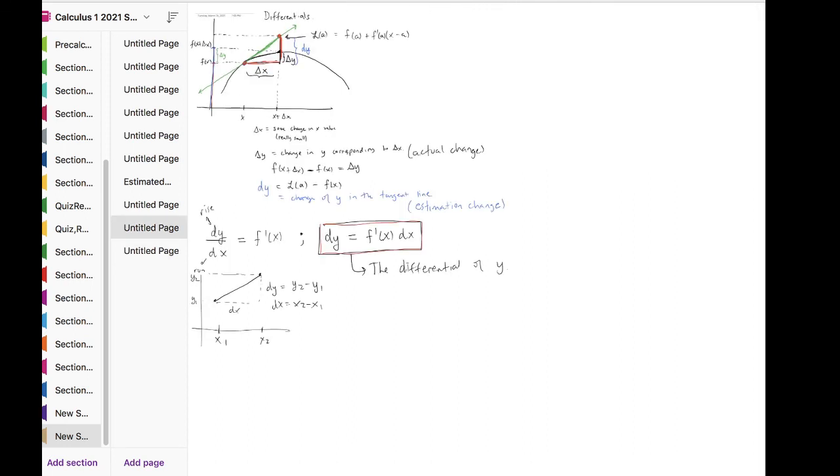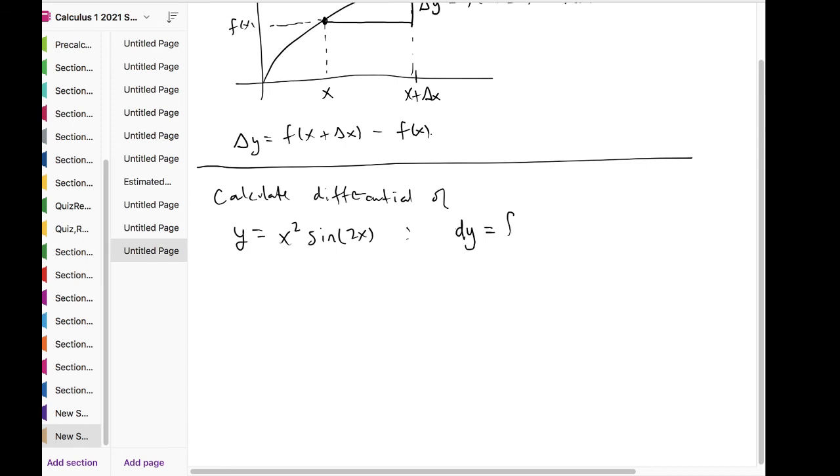So it was f prime of x dx. So what's f prime? How do you find the derivative of that?